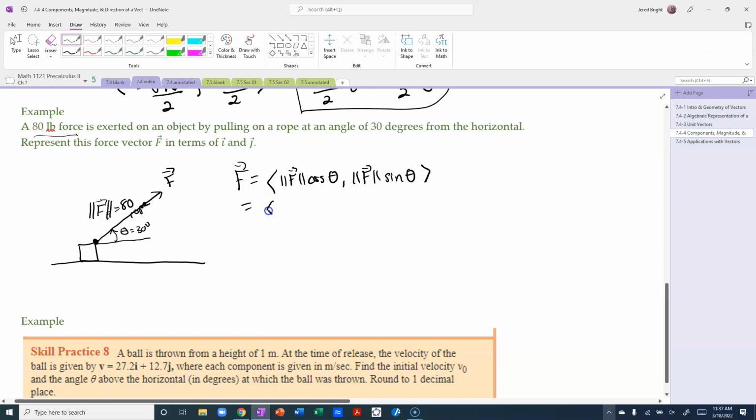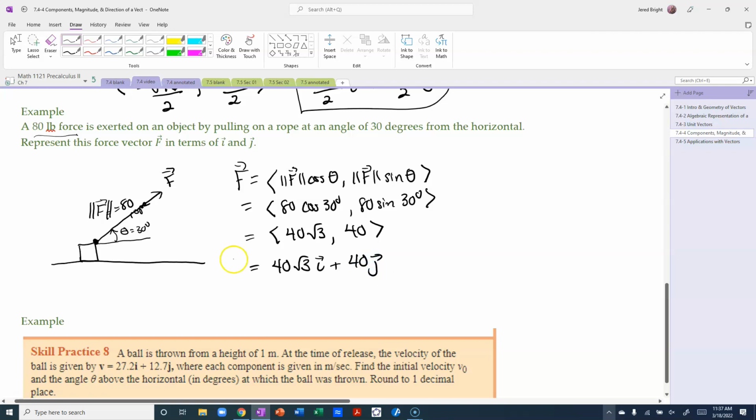And this is going to be equal to 80 cosine 30 degrees, 80 sine 30 degrees. When I calculate this, it gives me 40 square root of 3 and 40, if I leave it in exact form. And then in unit vector form, it'd be 40 square root of 3 i plus 40 j, and I would be done.